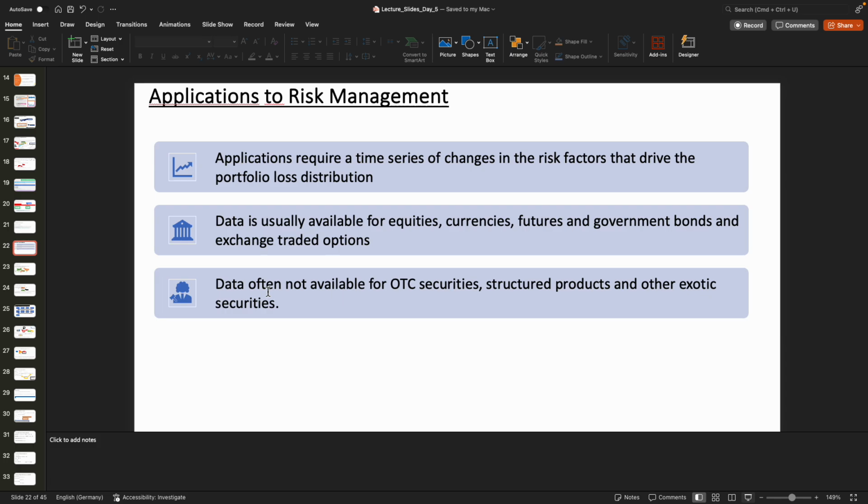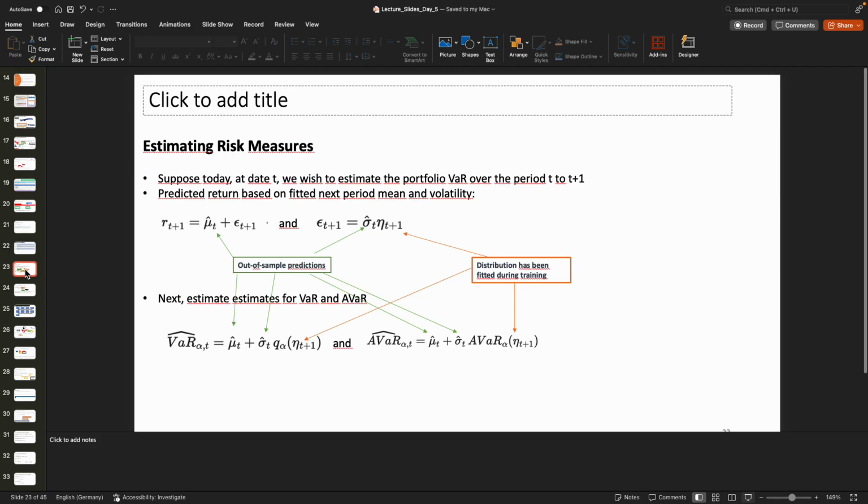It's difficult for OTC, so this is over-the-counter. So these are assets which parties agree upon a price, but it's not on the exchange, so an external person can't see what they agreed upon. So there it will be difficult to properly estimate vol and therefore compute value at risk.